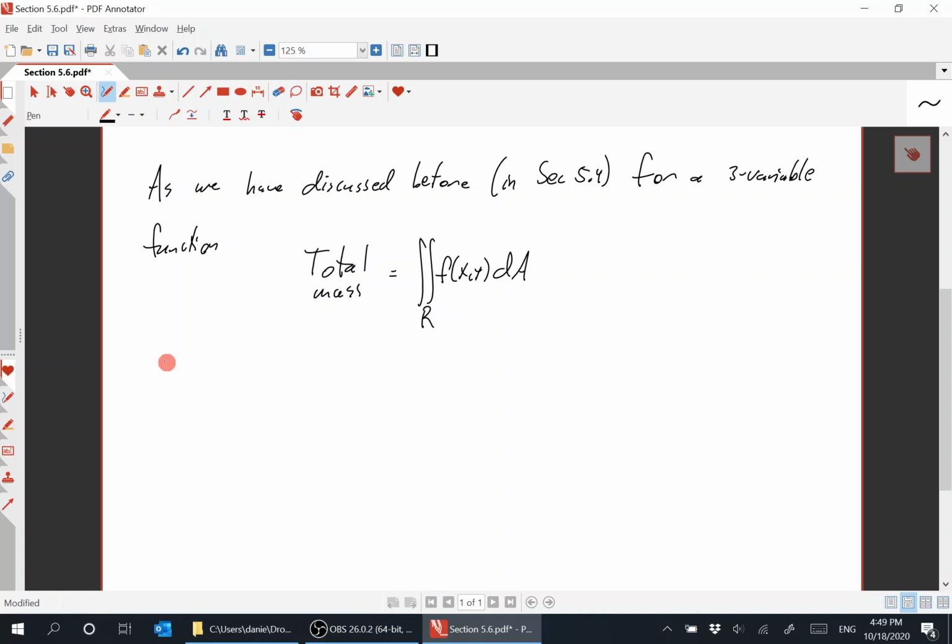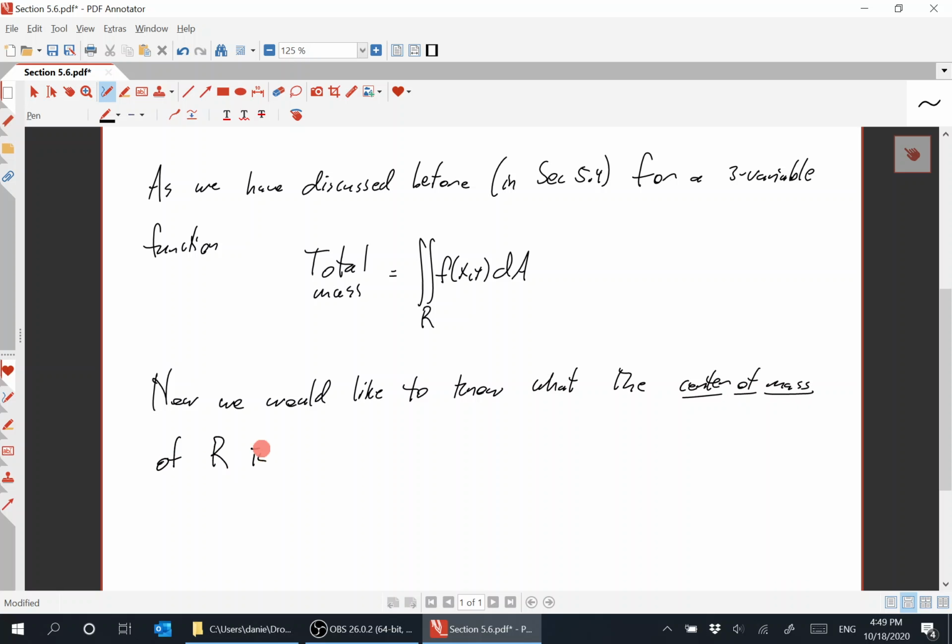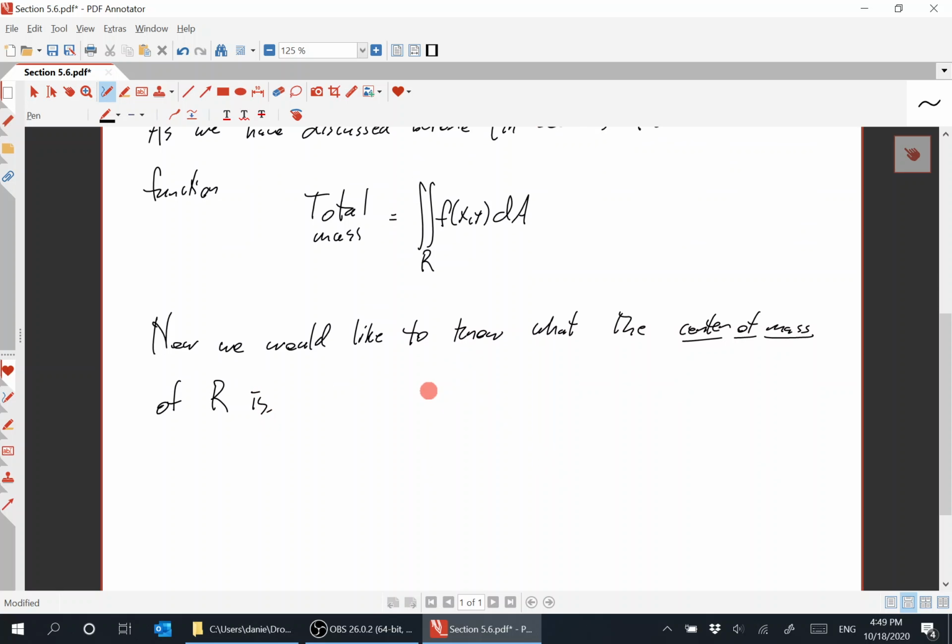Given this, we would now like to know what the center of mass of R is. You've got this region R, and it's got some center of mass (x bar, y bar).